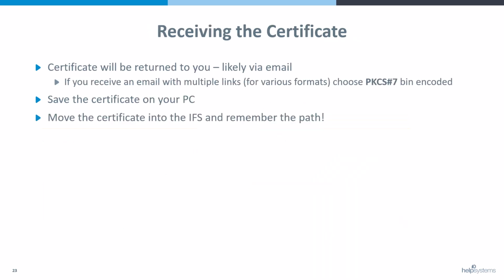You're then going to take that and send it to your certificate authority, as mentioned, VeriSign or DigiCert or whomever is your issuing authority. They will return to you a certificate that you'll then be able to import into your certificate store. You're going to save that on your PC, and we're going to upload it into the IFS.